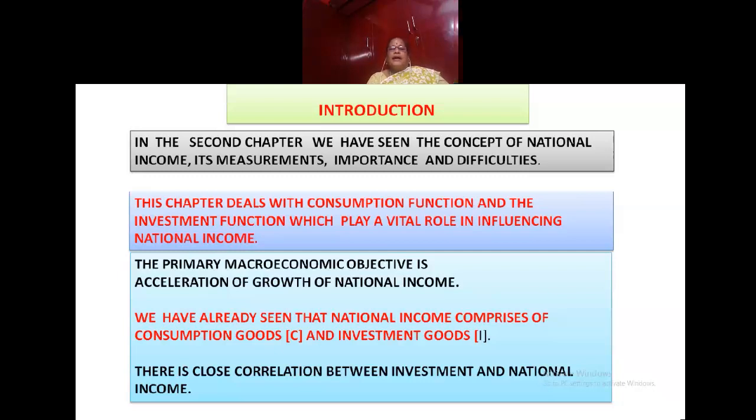The primary macroeconomic objective is acceleration of growth of national income. We have already seen that national income comprises the national consumption goods C and investment goods I. There is close correlation between investment and national income.